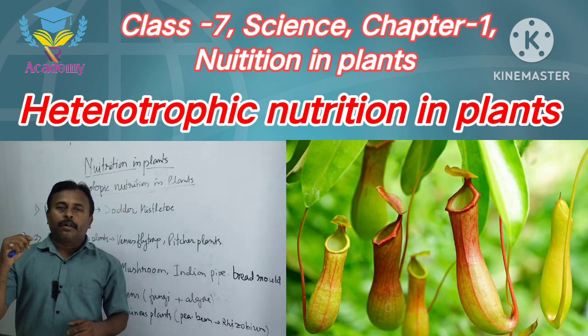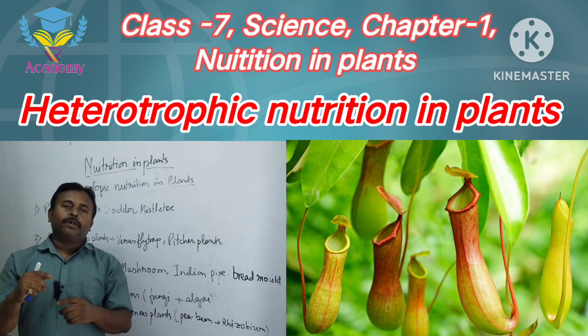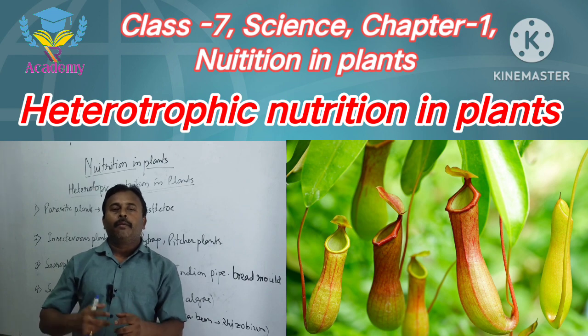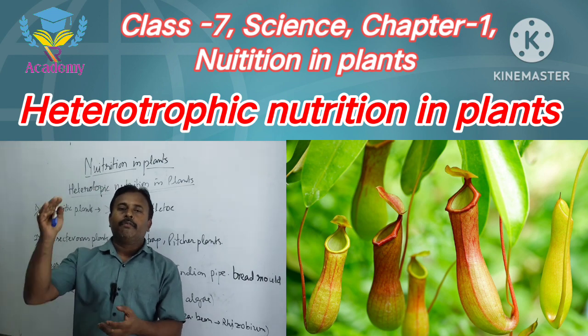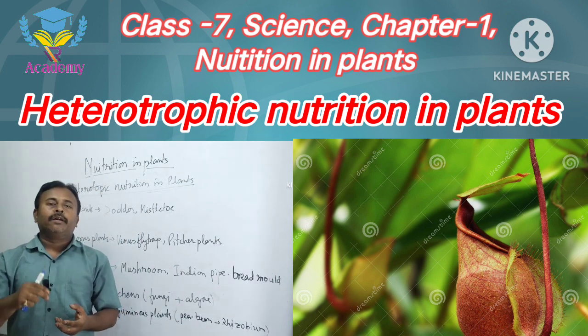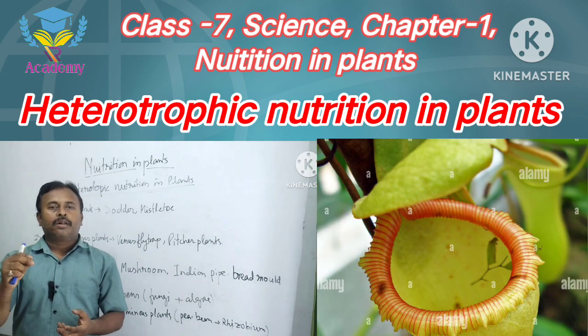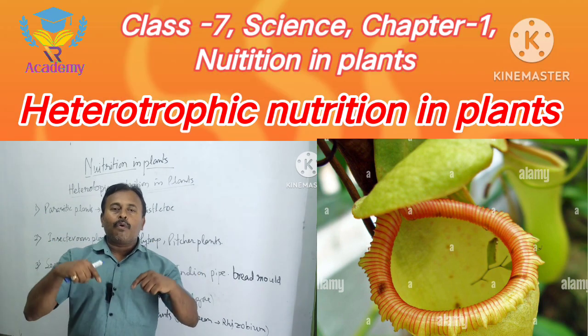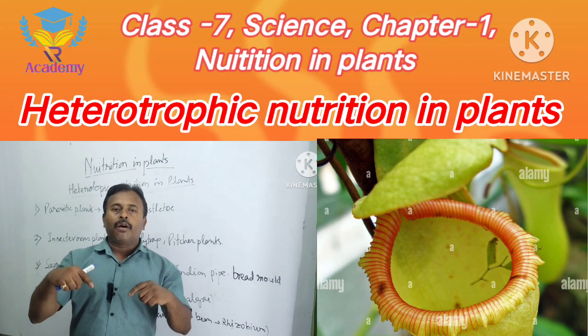Pitcher plant: the leaves of the pitcher plant are modified like a pitcher, and it has a lid, and inside the pitcher there are some sticky substances and downward hairs.